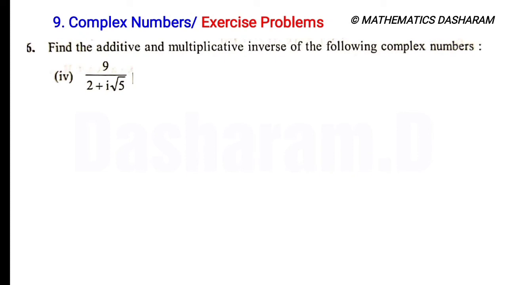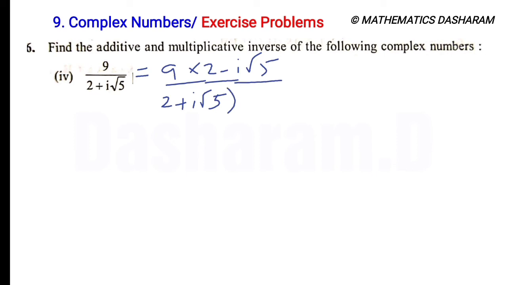Fourth question, 9 by (2 plus i root 5). First of all, let's convert this into x plus iy form. So for that, numerator multiply with the conjugate of the denominator, that is 2 minus i root 5, and the denominator also the same, 2 minus i root 5.